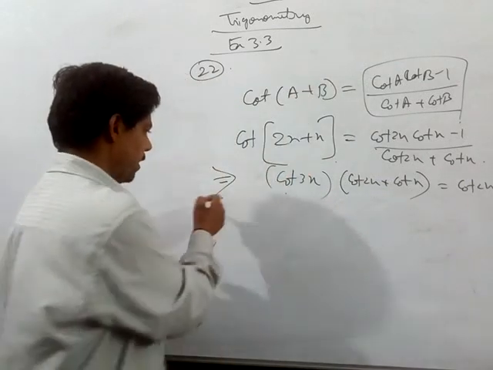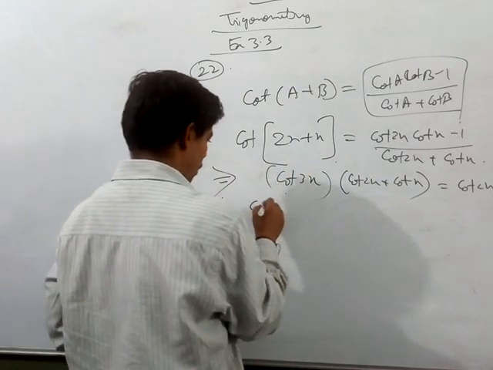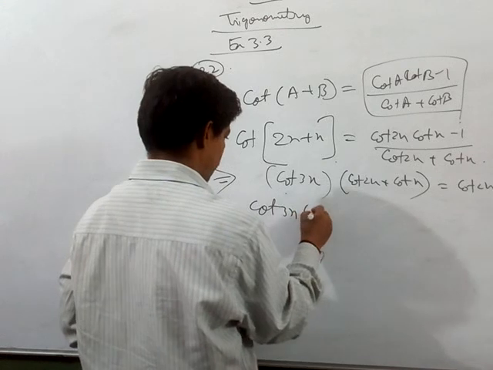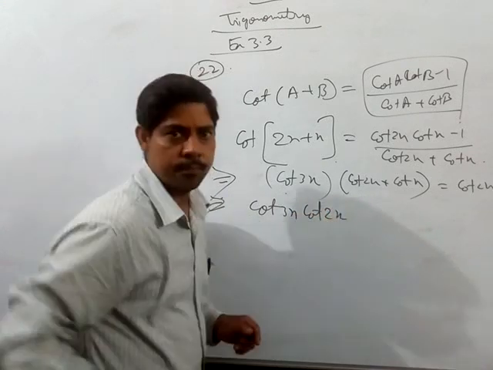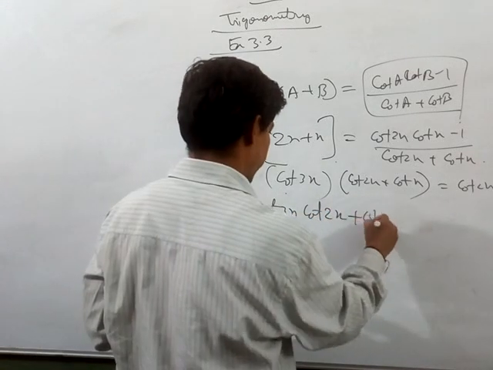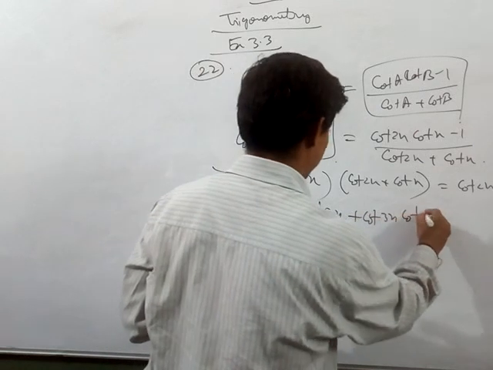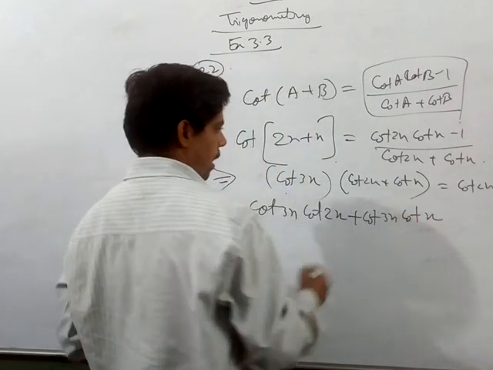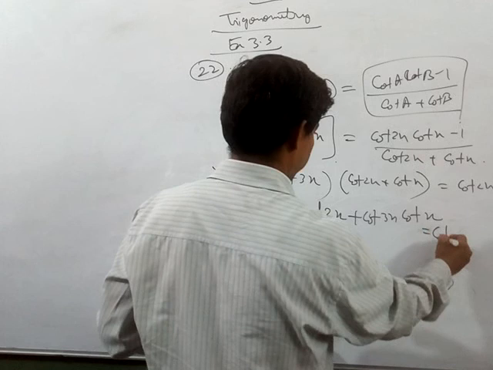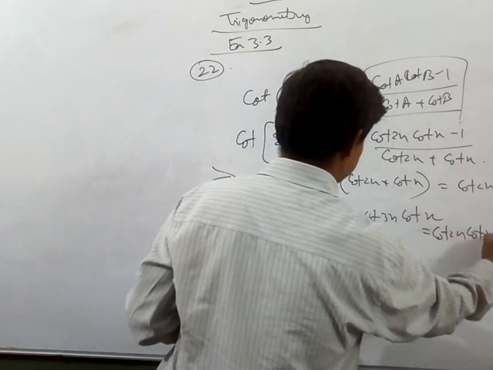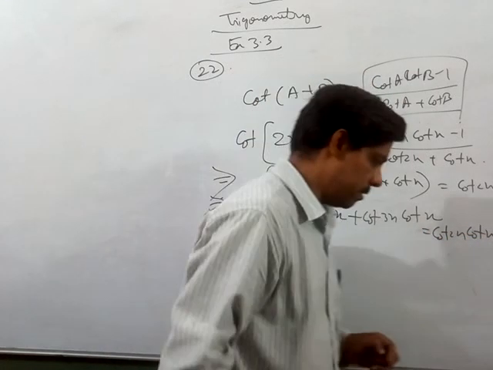Now you can do the multiplication and see what you are getting. Cot 3x multiplied by cot 2x plus cot 3x multiplied by cot x is equal to cot 2x cot x minus 1. And this is what we have to prove.